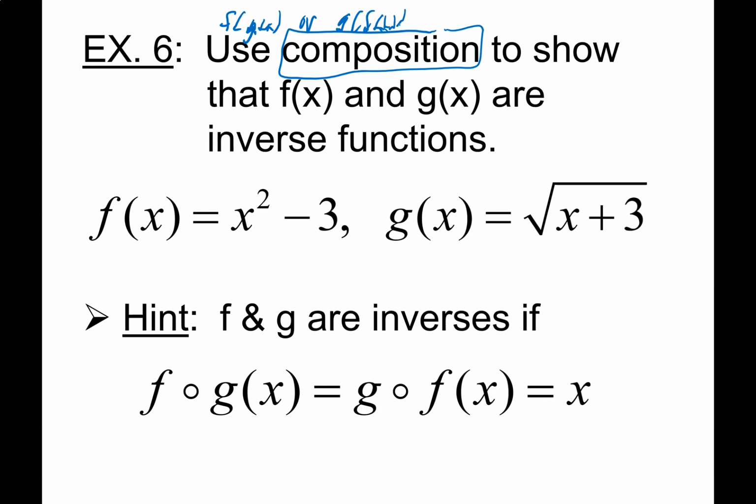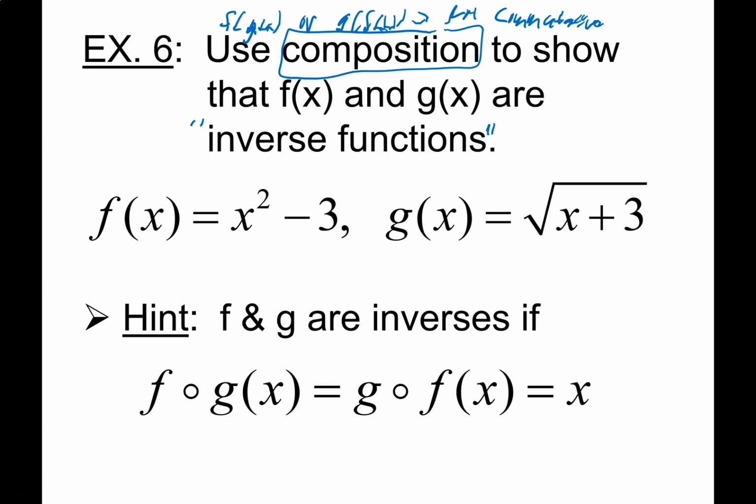Remember how we said that these two functions are not commutative? In other words, the order in which you do them matters. Whether you go from the inside or outside first, it matters. What I'm telling you is when they are inverse functions, it actually is commutative.